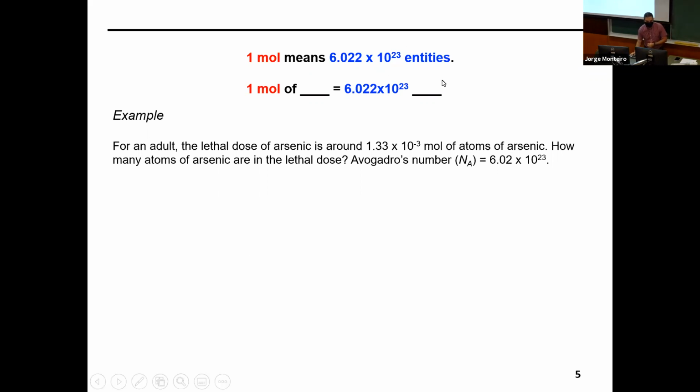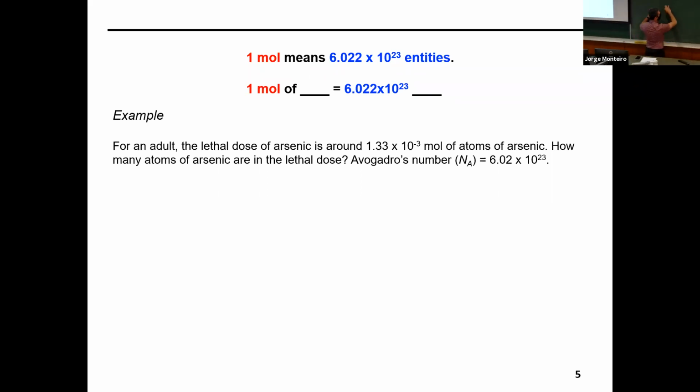Again, look at mole as a simple conversion factor, and whatever you fill in this gap here is going to be the same thing in the second gap. We are talking here about atoms of arsenic, so that's what's going to fill our gap.